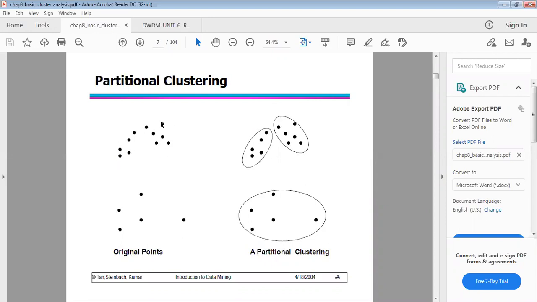This one is represented as one cluster, and this is represented as another cluster. Now we apply partitional clustering. The groups of nearest points we represent as one cluster, and other points as another. This type of clustering is called partitional clustering.